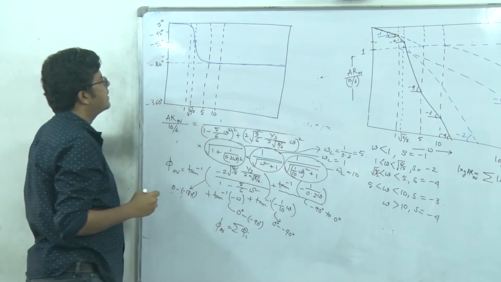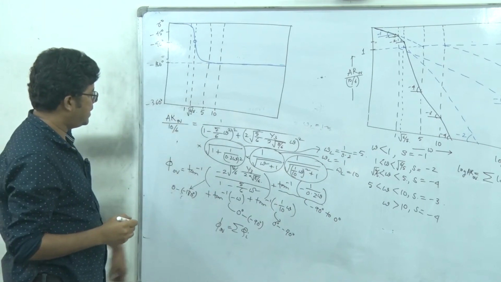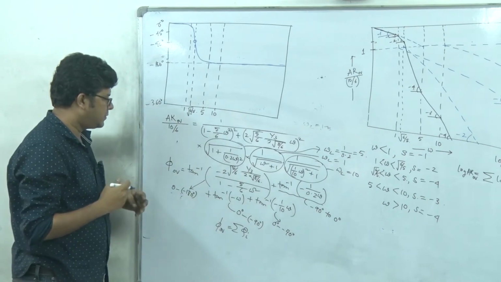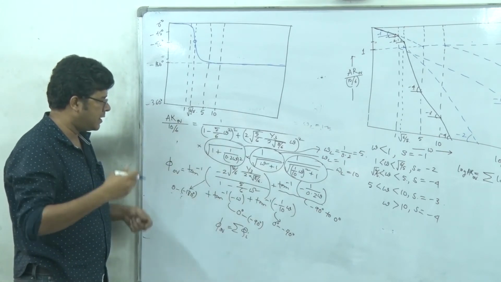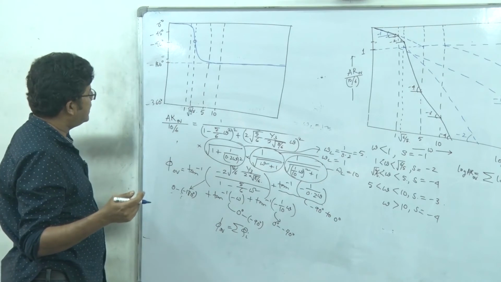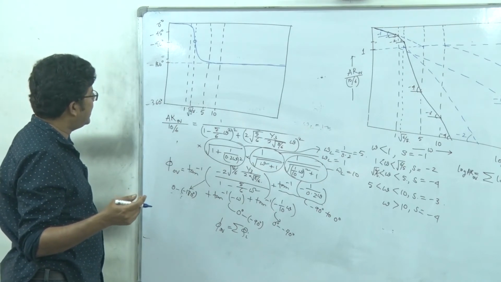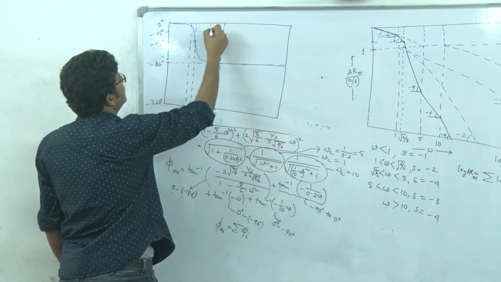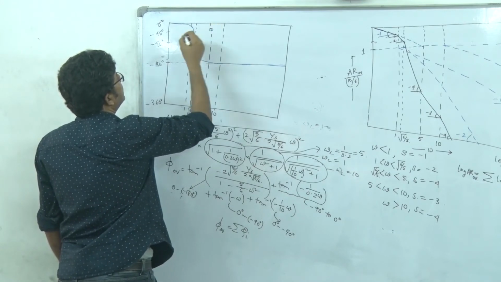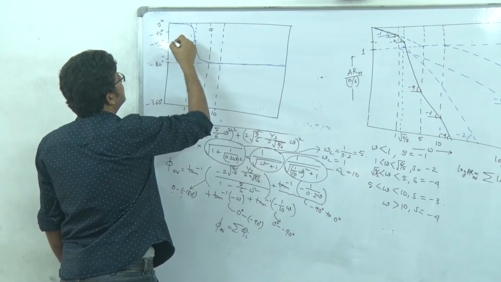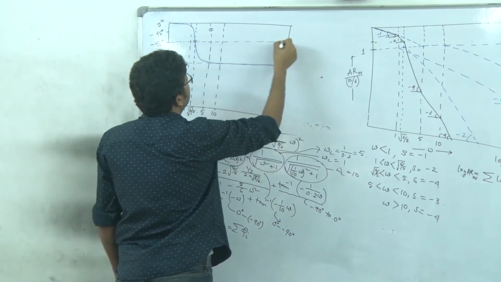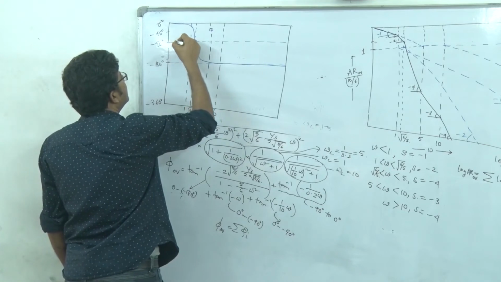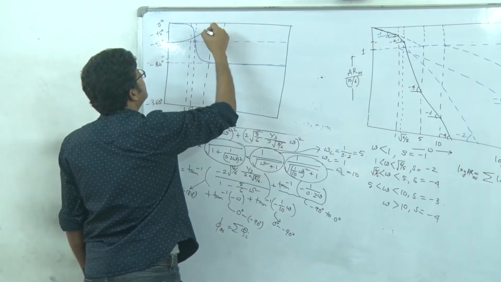Okay. Next it is a PI control, which starts from minus 90 and goes to 0. And at corner frequency, which is 5, it will pass through minus 45. Right. So this will start from here and goes to this.